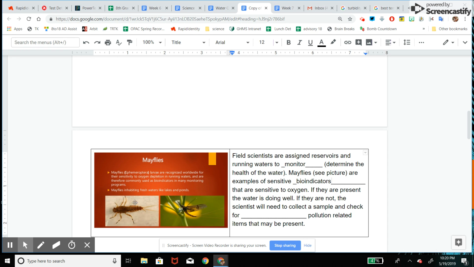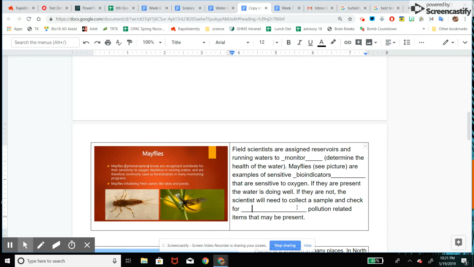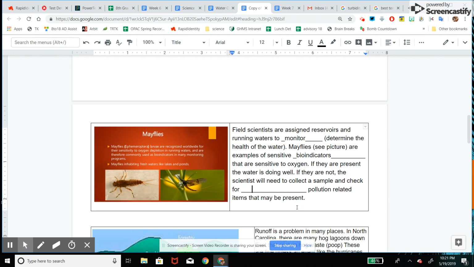If they see the mayfly or whatever it is out in the water, then they don't have to test the water at all, because they know that these things would not be present if the water was not good. If they're not present, they will need to take it back and check for pollution related items that may be present.